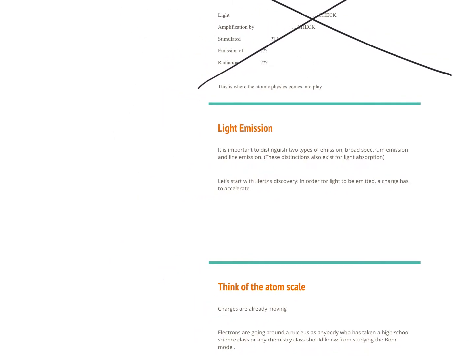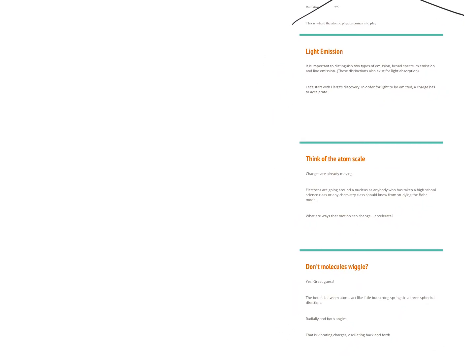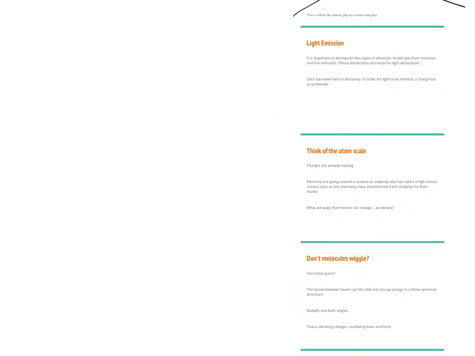Now we're talking. Okay. Why do we see light? Well, we see light because it's coming towards us and it's received by our receptors. When that happens, the light hits our eye and it causes a charge to accelerate.